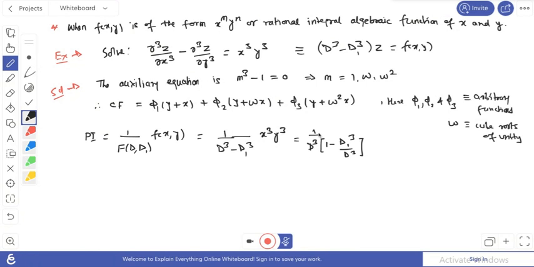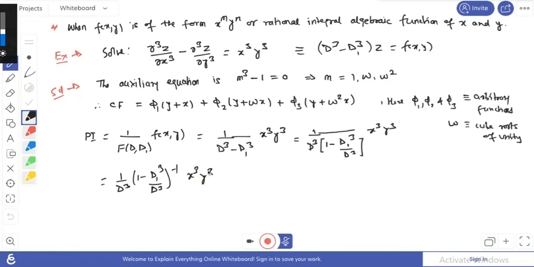This term is raised to the power minus 1, and then you expand by binomial expansion. So you get 1 over D cube times 1 minus D1 cube over D cube to the power minus 1, operating on the function x cube y cube.